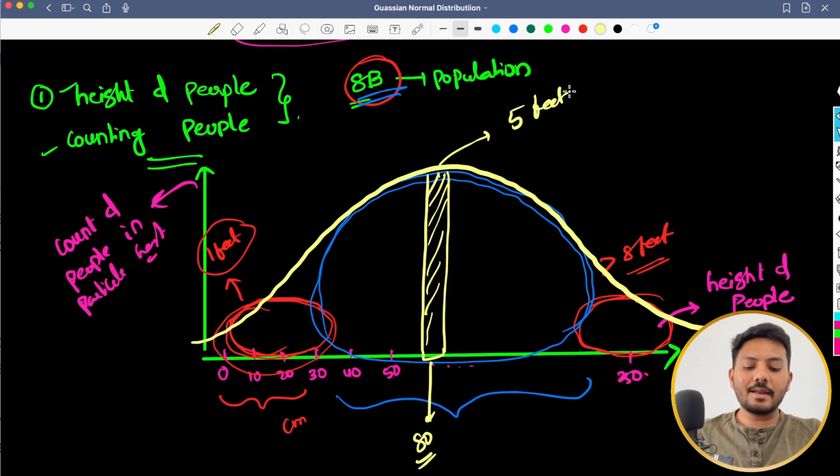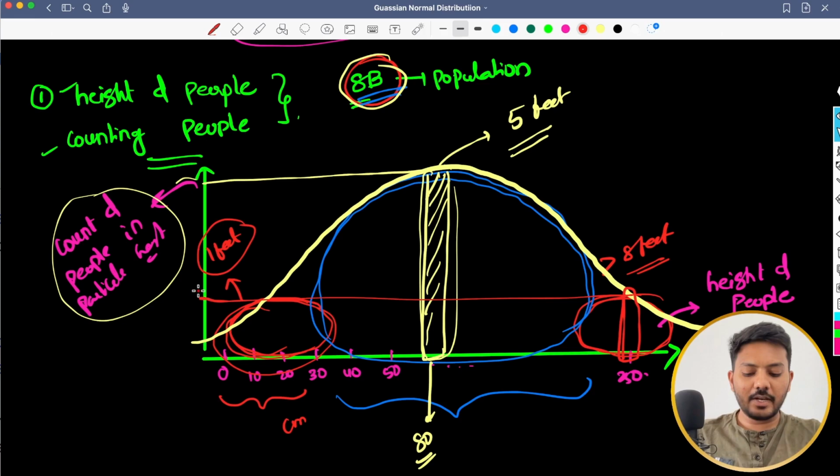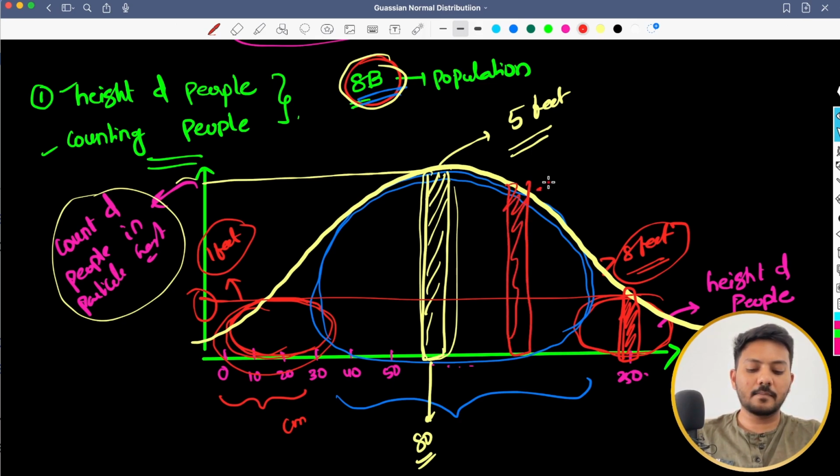So in considering the whole population, there are very large number of people, this is the count, in which they fall into a bracket of 5 feet. Is that clear? And if I say about 8 feet, there are very less number of people who fall under 8 feet, and there are little bit less number of people who fall under 6 feet. Who knows?